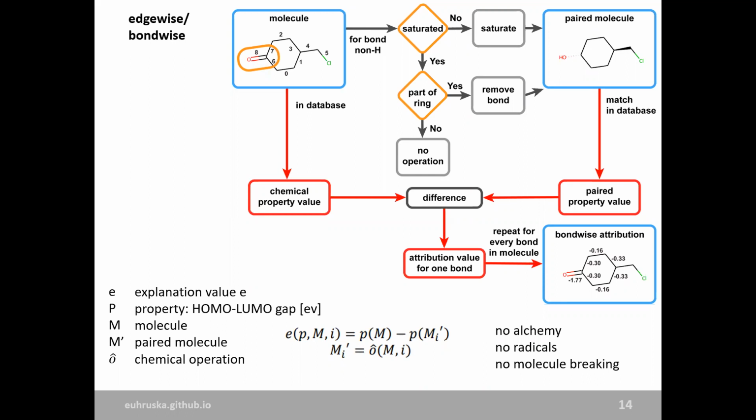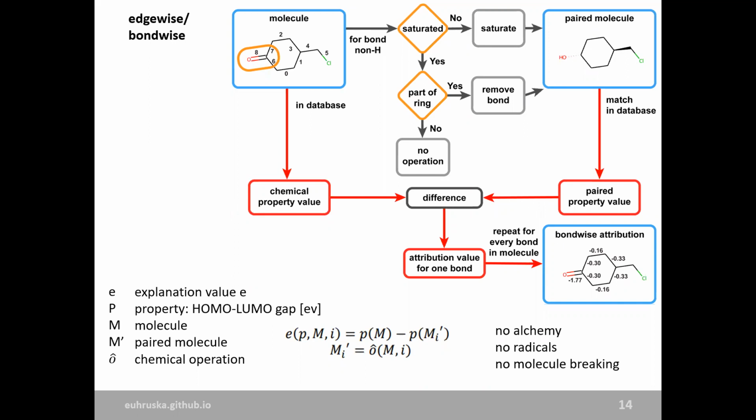So for the bonds, the decision tree is similar, but not identical. Here, we also replace any kind of unsaturated bond, so double or triple bond, with a saturated bond, a single bond, as shown in the example, and we get the paired molecule.